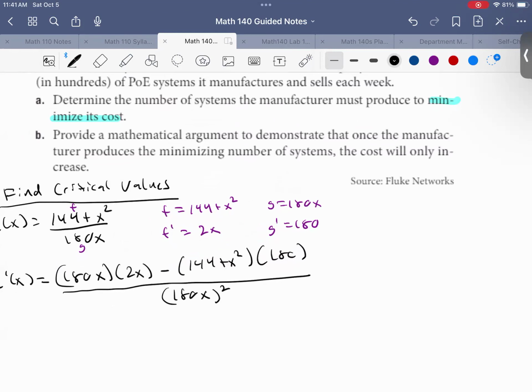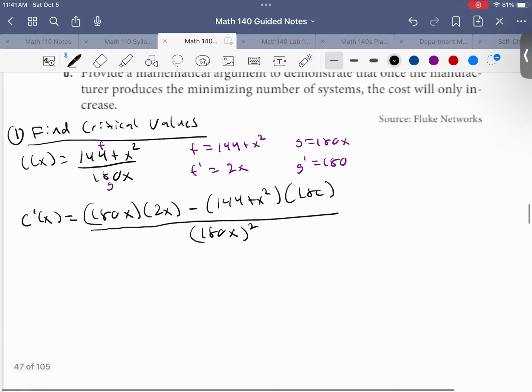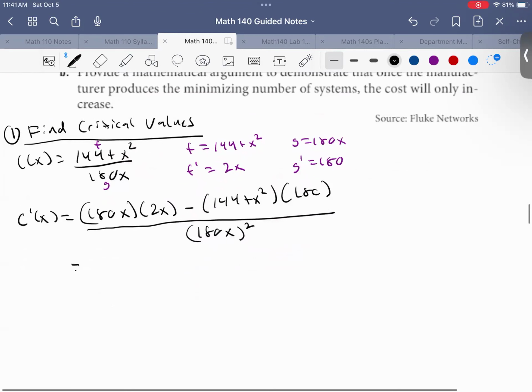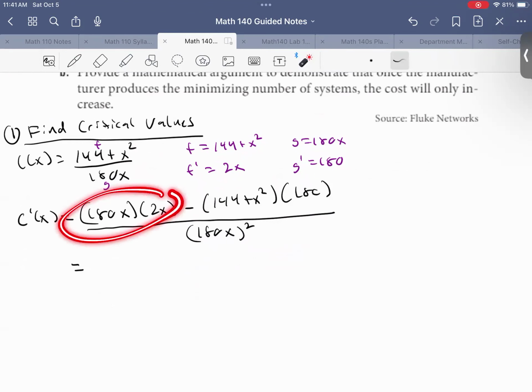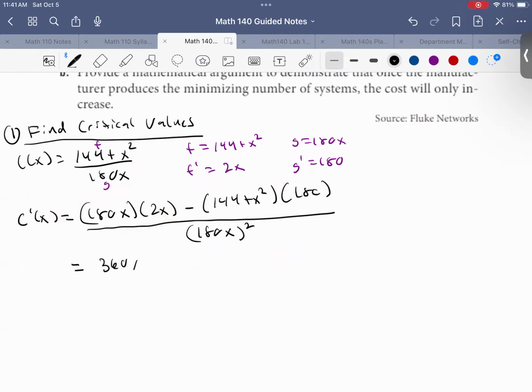All right, let's start simplifying this a bit. If I multiply 180x times 2x, I end up with 360x squared.